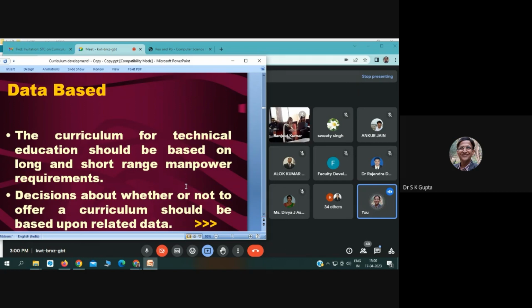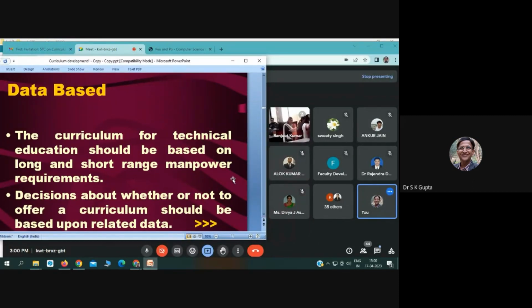My dear friends, as all of us know, our technical education is a job oriented education. So when we design or revise or implement any program, before that we must collect some information about the long range manpower requirements or short range manpower requirements.